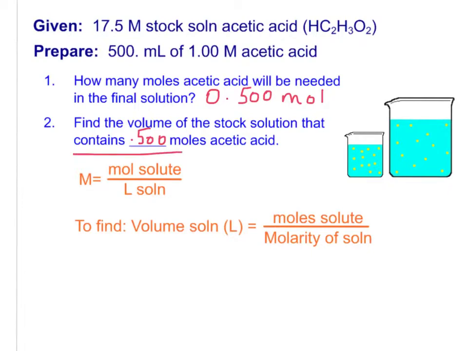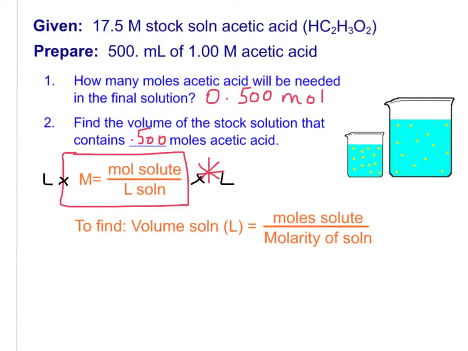Let's go back to our definition of molarity. Molarity is moles of solute over liters of solution. And I want to emphasize, memorize this formula, but you don't need to memorize all the different permutations of it. We can rearrange this formula if we multiply both sides by the liters of solution, right?